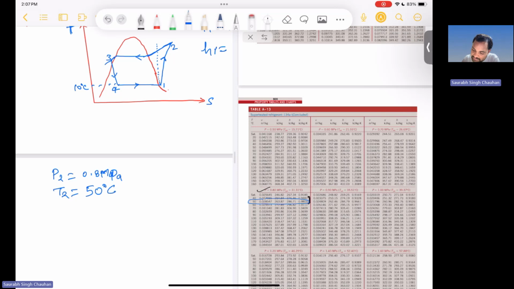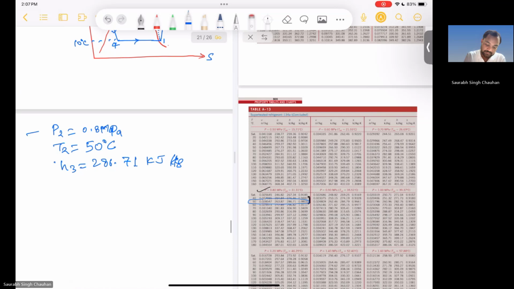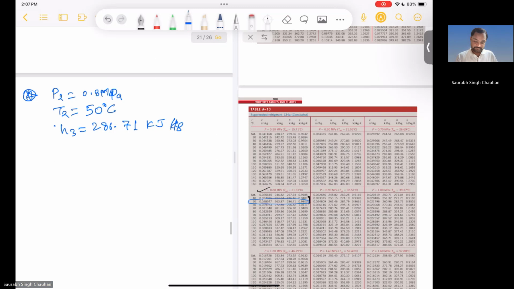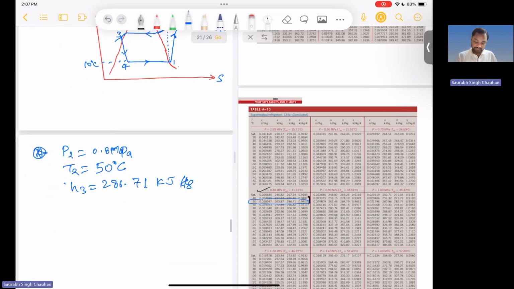What is the enthalpy here? H2 is 286.71 kilojoule per kg.